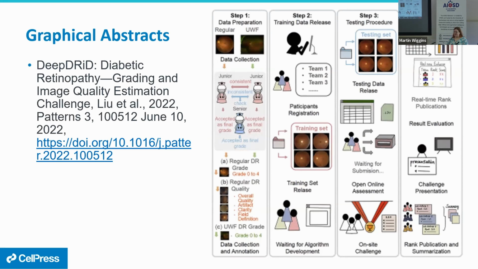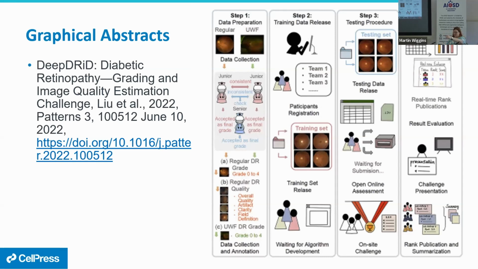And here we've got another example of using data visualization and graphics to tell a story about what was going on. Everything's nicely done in columns that follow one after the other. So you've got your data collection column, your algorithm on site, and then rank, publication, and summarization. And within those, it's fairly easy to go, okay, columns go left to right, information in the columns goes from top to bottom. There we go, sorted.